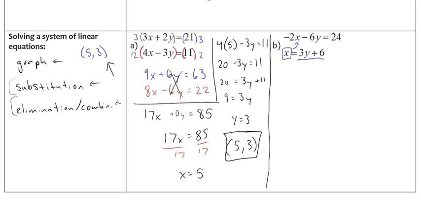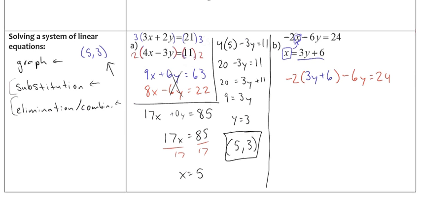So rewriting that top equation, we'll have negative 2 times something minus 6y equals 24. And that's something that we're going to substitute in. Instead of the x here, we're going to put in what x is equal to. And we know that it's equal to 3y plus 6.